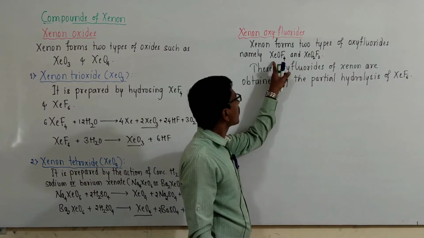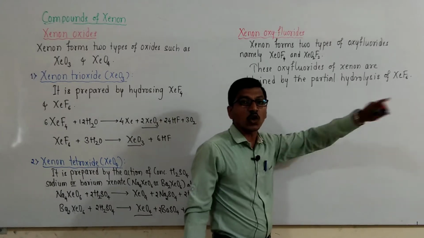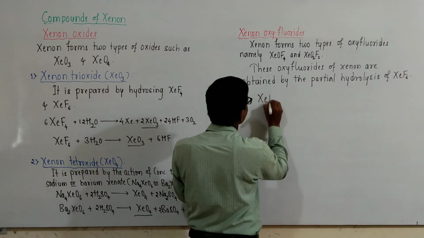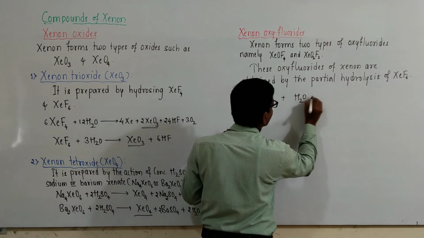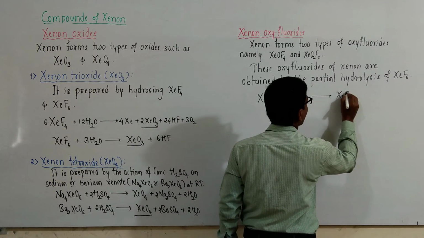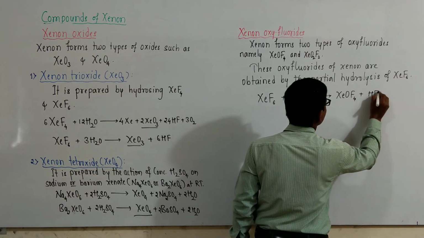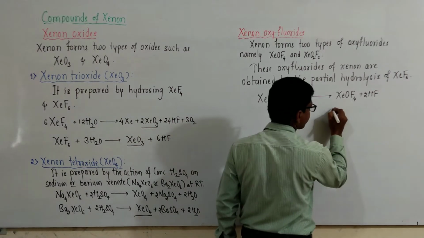Xenon oxyfluorides can be obtained by partial hydrolysis of xenon hexafluoride, and the chemical reaction is XeF6 plus H2O gives XeOF4 plus 2HF.